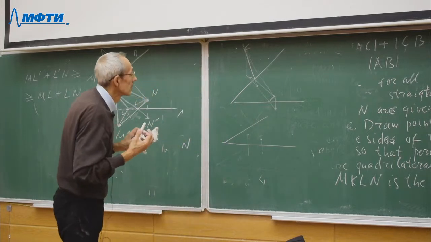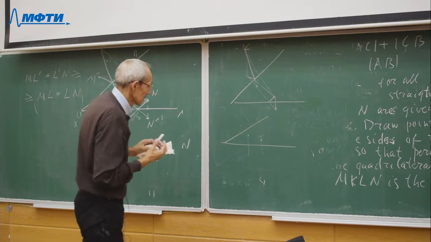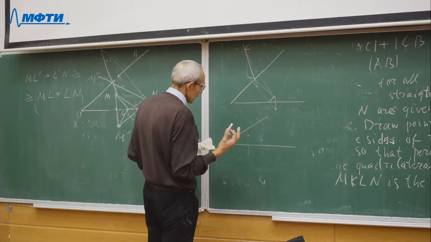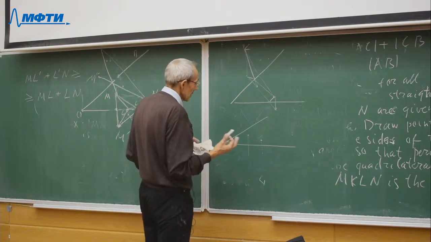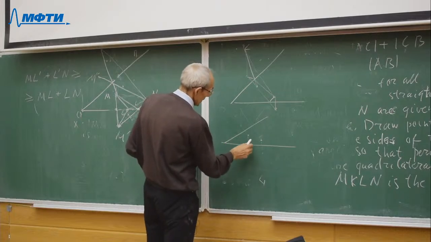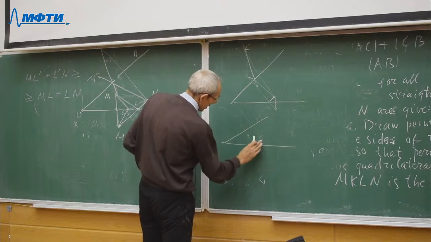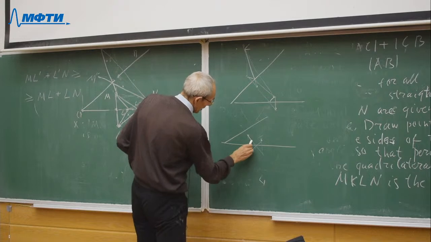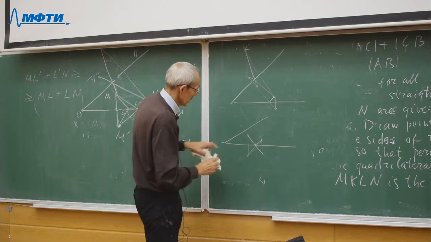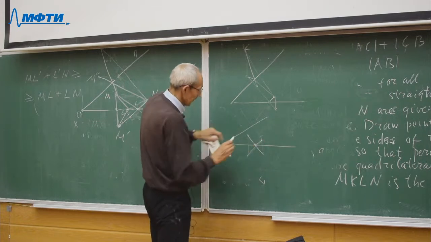I would like two segments which give the smallest distances in both cases. In this case we have such distance, and this distance is equal to this.